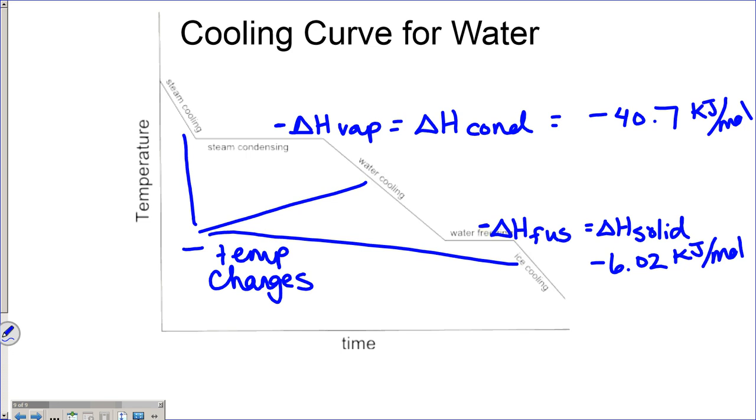So one thing to note, if you are doing calculations like this and the temperature is going down, all values will be negative.